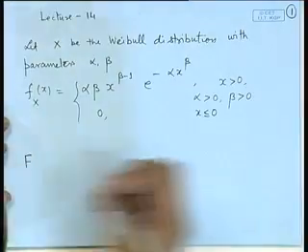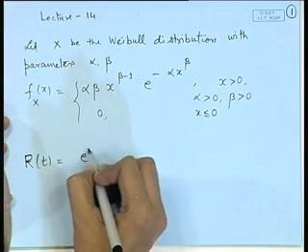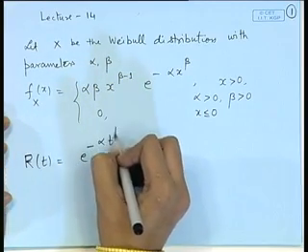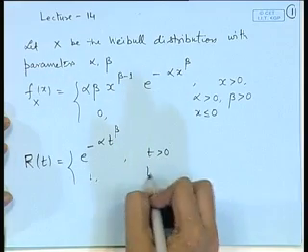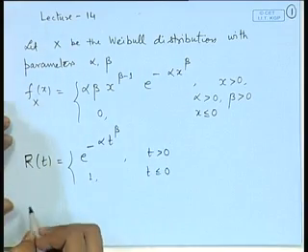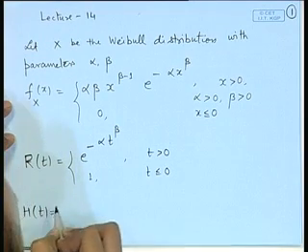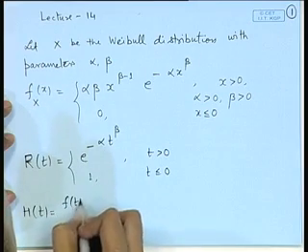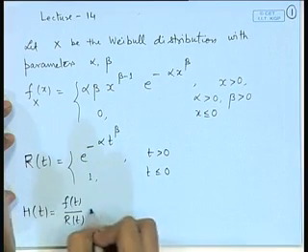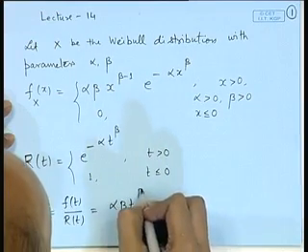Therefore, if we write down the reliability function, it is equal to e to the power minus alpha t to the power beta for t greater than 0, and it is 1 for t less than or equal to 0. If we calculate the hazard rate for this, it is equal to f(t) divided by R(t). When you take the ratio, we are left with alpha beta t to the power beta minus 1.